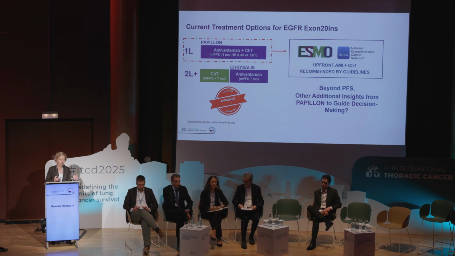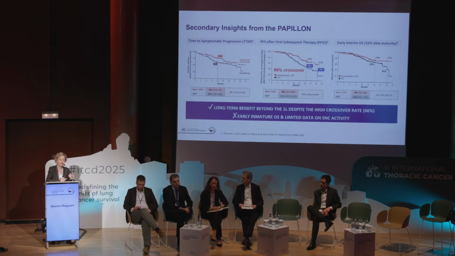So maybe we would like to see other endpoints beyond PFS to help guide decisions when we have to select treatment strategies. And there are other secondary insights from PAPILLON. The first one is that treatment with chemotherapy and amivantamab also improved the time to symptomatic progression and the patient-reported outcomes.